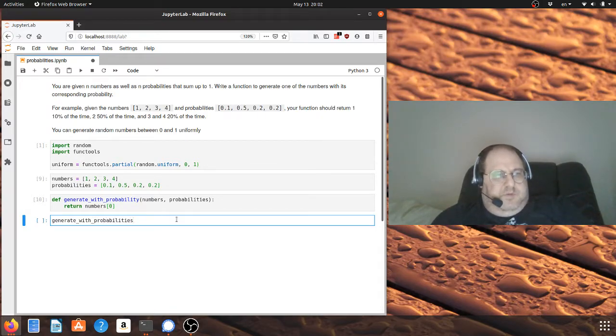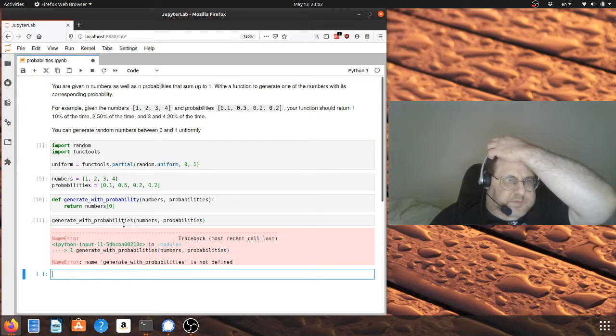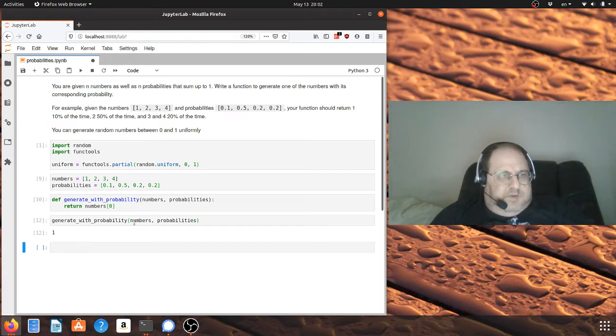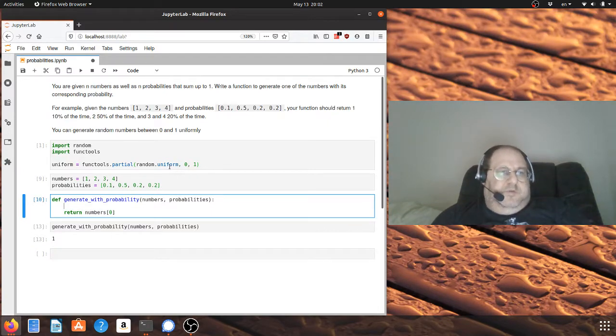So numbers, probabilities, generate with probability. Okay. Right, and yes, it's always gonna return a 1, but that means we got the function right. And clearly we need to use this function, right? Like Chekhov's gun, you give us this thing, we have to use it.